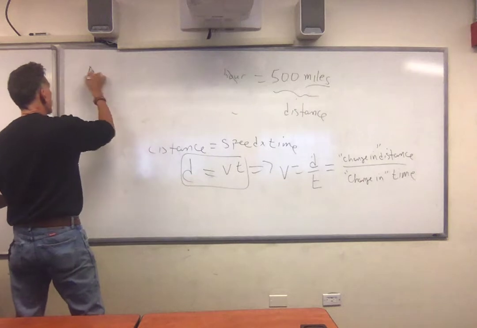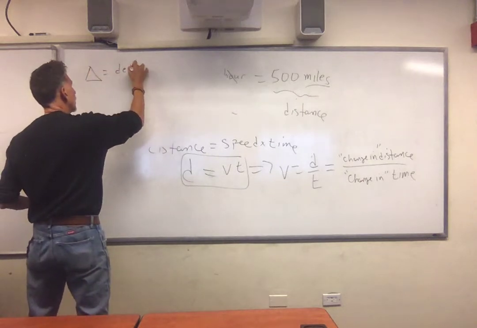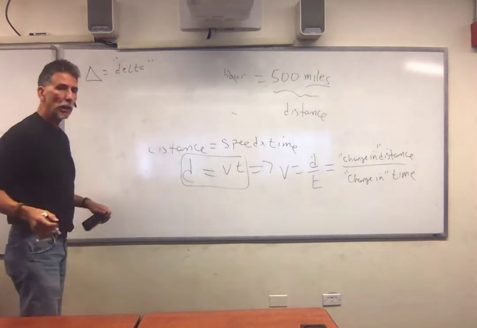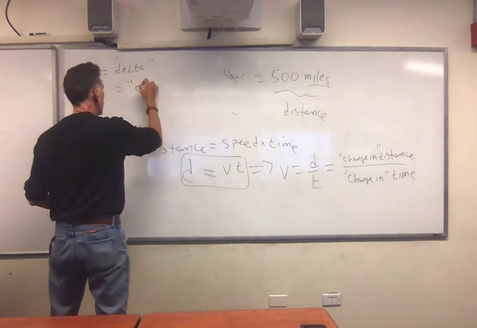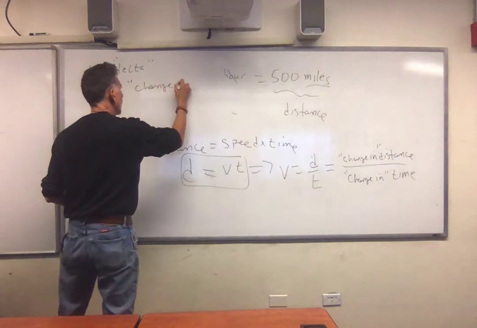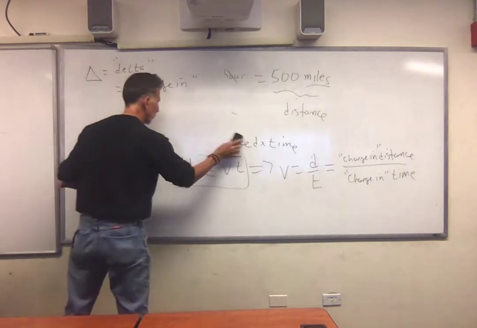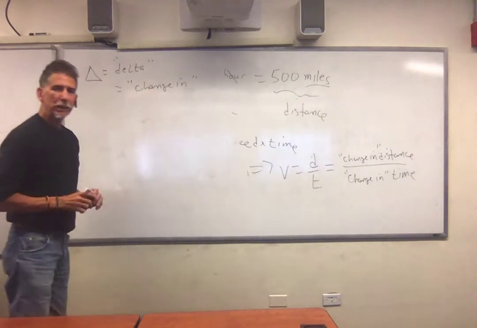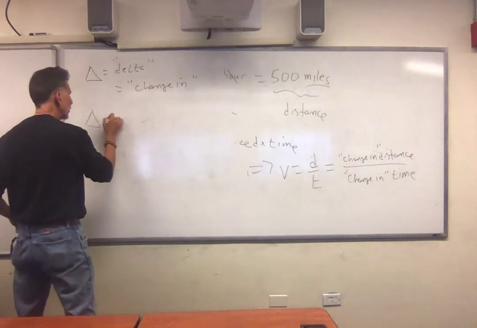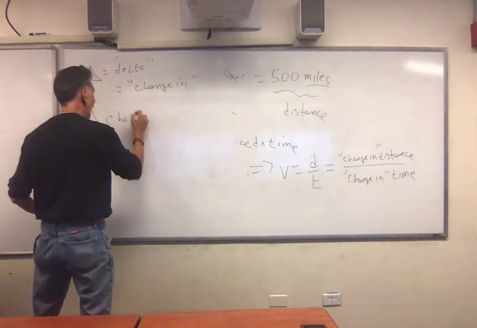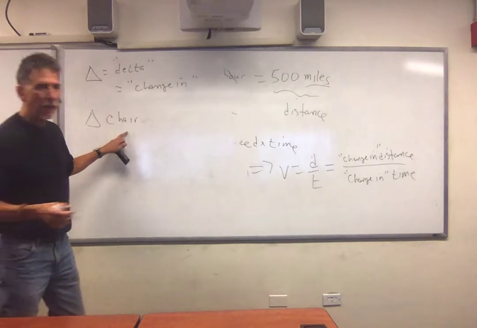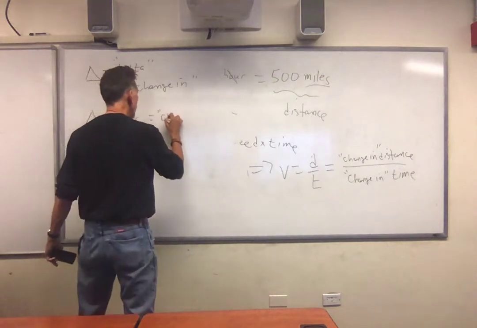So this is a delta. It's a Greek letter, and it really means change in. Okay? So if I did something silly, like wrote delta chair, what does that mean? Well, delta chair just means change in chair.